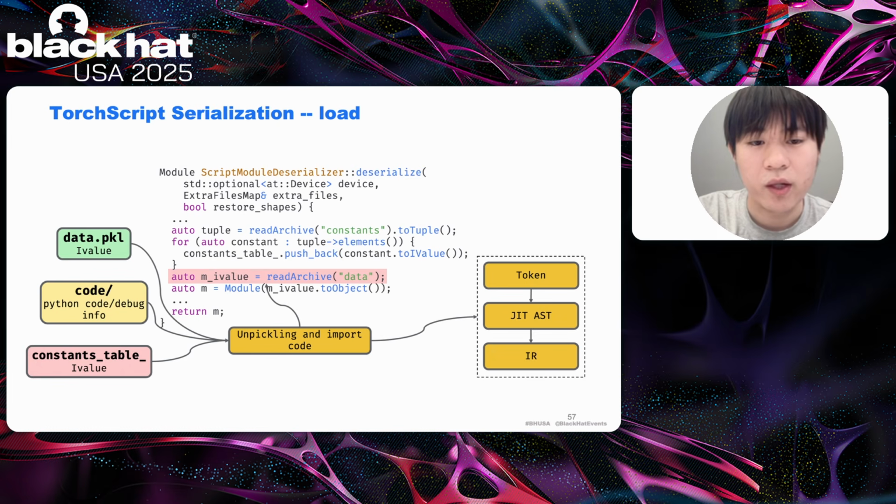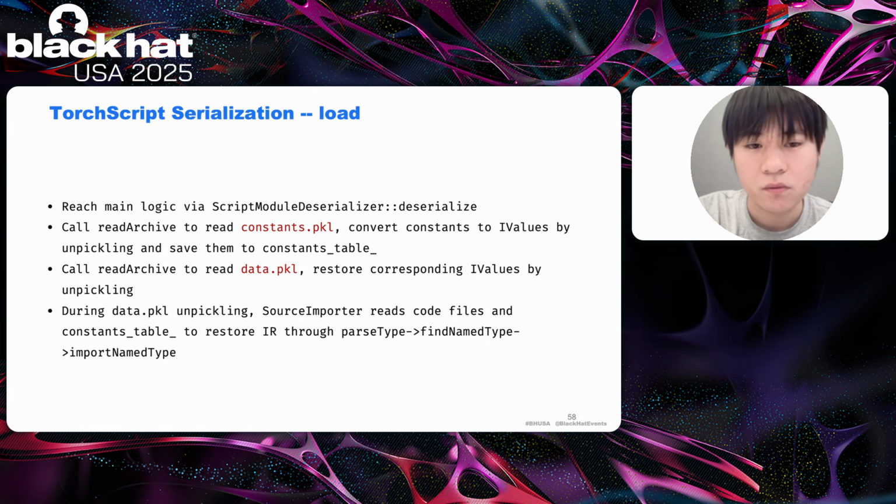The code parsing process includes converting Python code to custom tokens and then transforming tokens into JIT AST, and finally into IR. This process differs significantly from the earlier Python to TorchScript compilation.